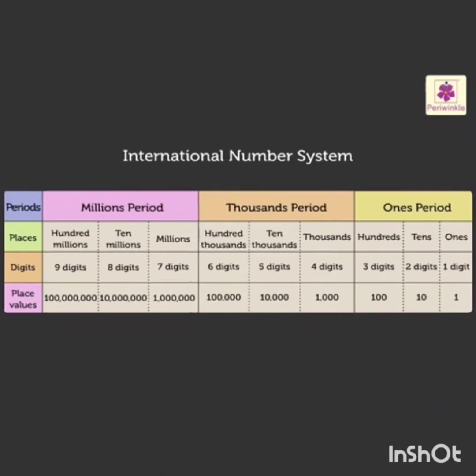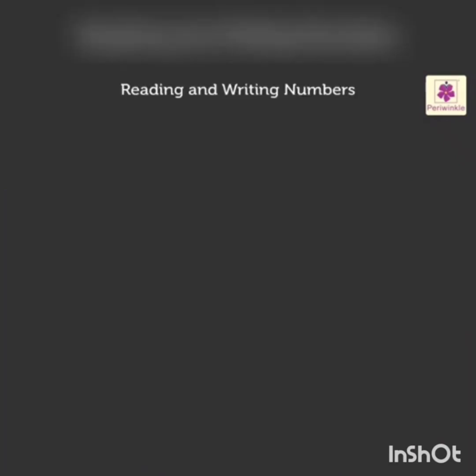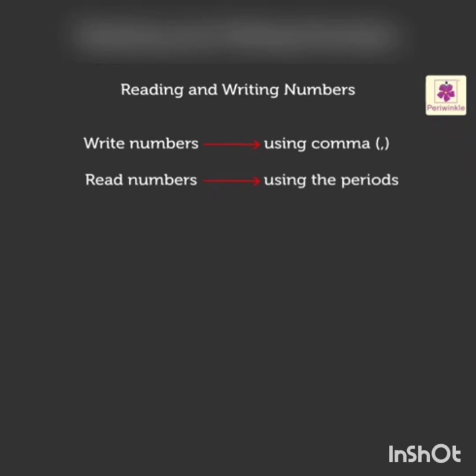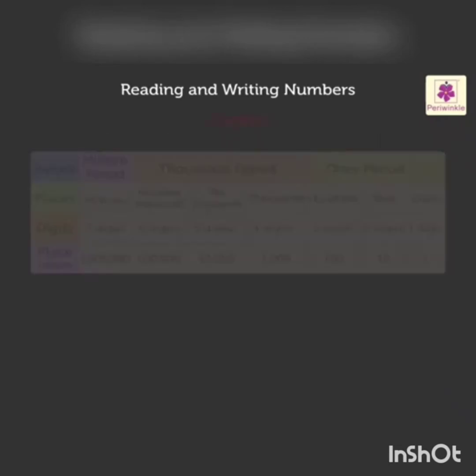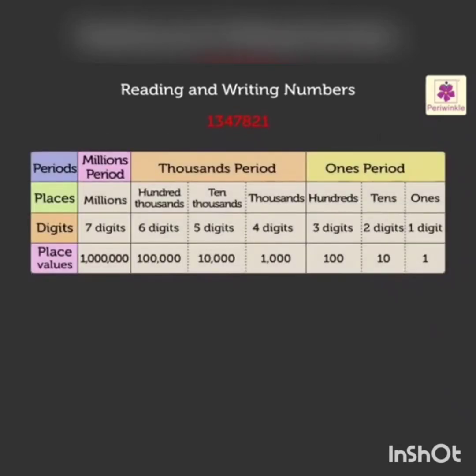Now let us learn to read and write numbers using the international number system. We write the numbers in the standard form using commas and read the numbers using the periods. Look at the example.